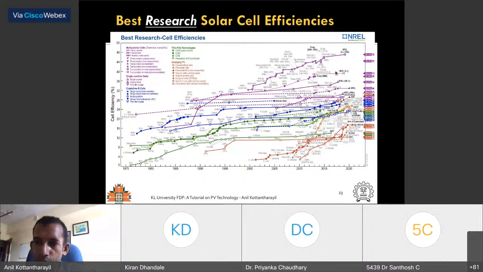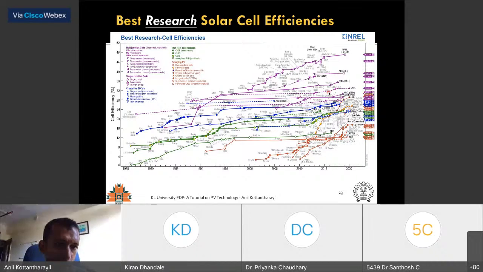This is published by the National Renewable Energy Laboratory, NREL, and you can see this in Wikipedia. Just go to Wikipedia and look at solar cells or photovoltaics. They keep updating it every now and then, whenever a record efficiency cell is announced for any technology.